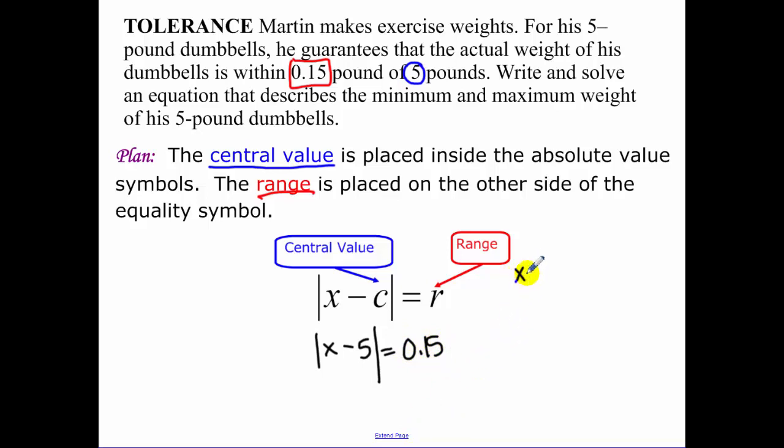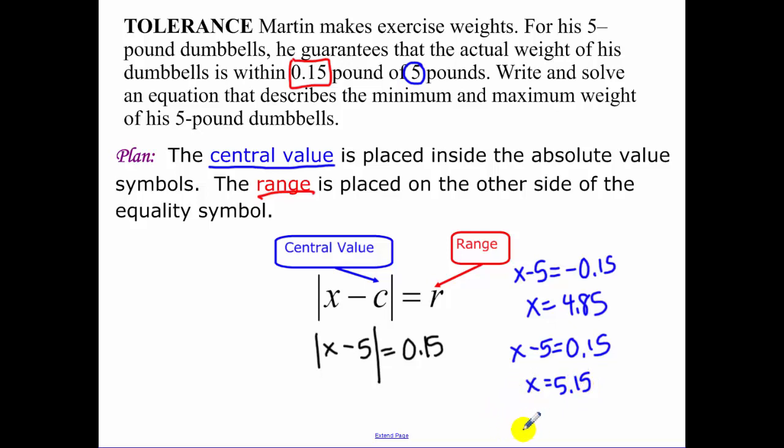I have x minus 5 is equal to negative 0.15, and x minus 5 is equal to a positive 0.15. So x is going to equal, if I add 5 to both sides, I get 4.85. Oh, that should be a minus sign here. Now if I add 5 for this bottom equation, we get 5.15.